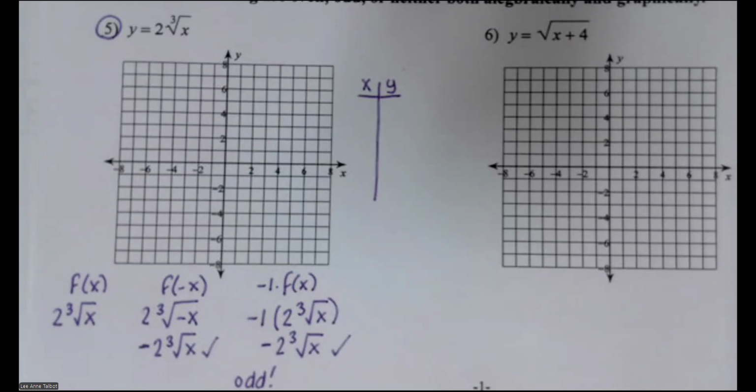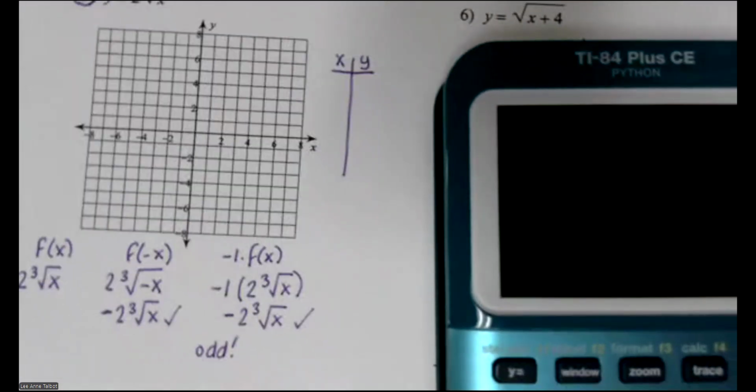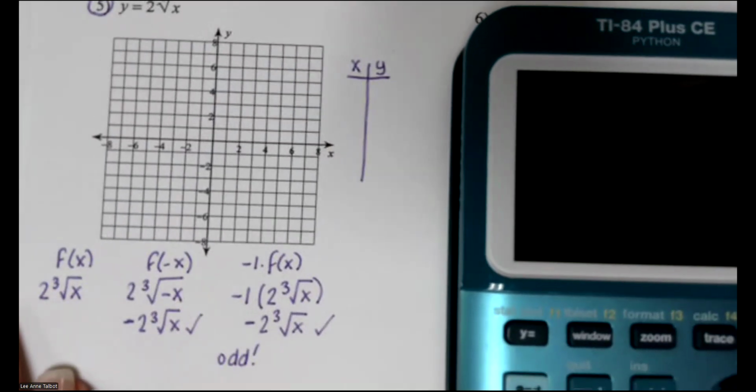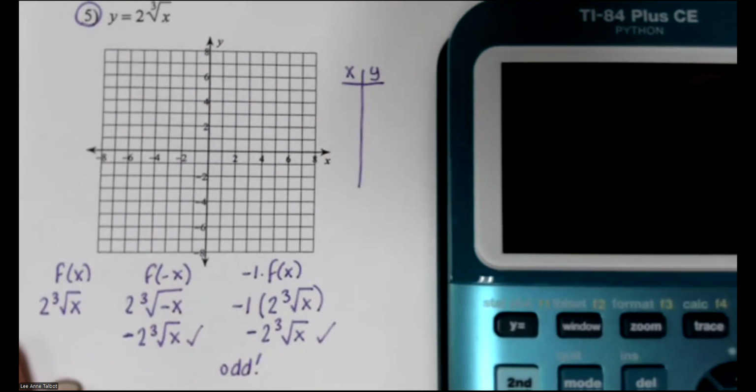Okay, now if you guys could grab a graphing calculator, get it out of your bag or go grab one. We're going to cheat slightly here. But I do have a question for you before we start cheating.